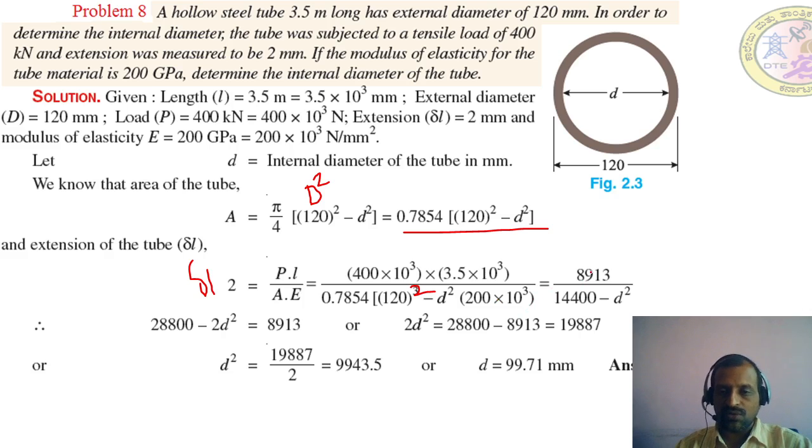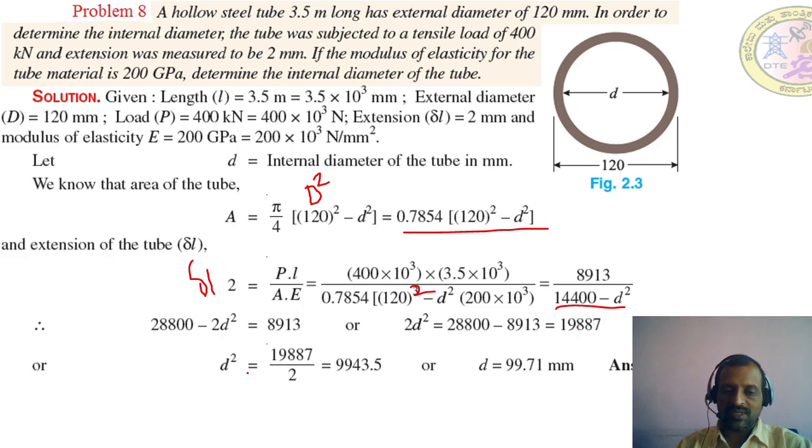So this is equal to 8913 divided by (14,400 minus small d square). The bottom one will be multiplied with 2, that is delta L. So it becomes 28,800 minus 2 small d square is equal to 8,913, or 2d square is 28,800 minus 8,913, which is equal to 19,887.